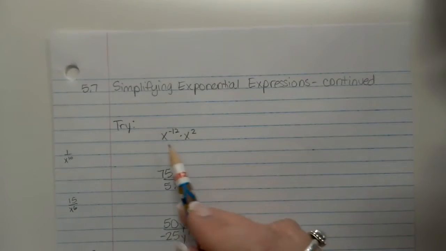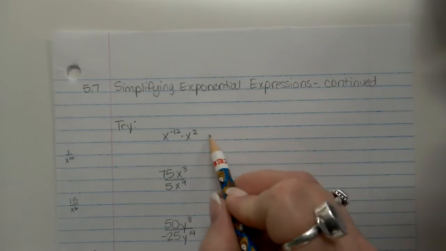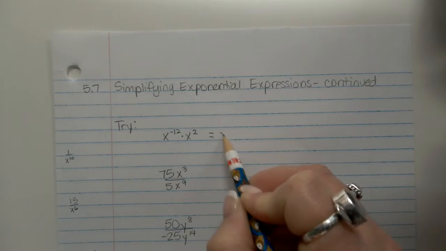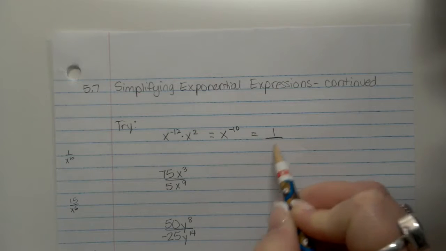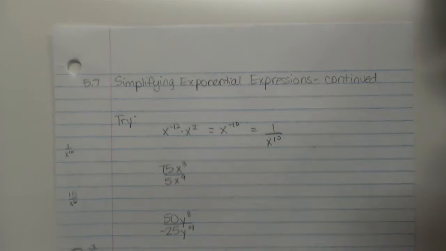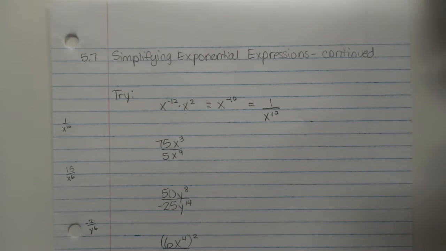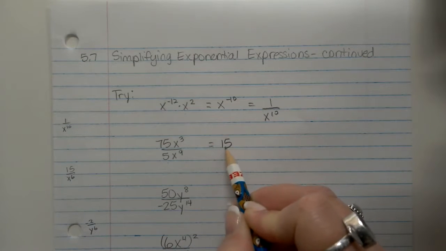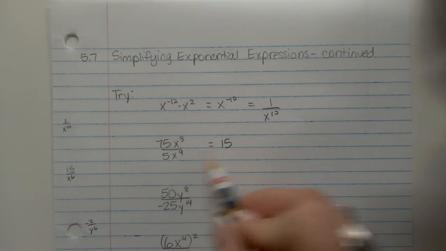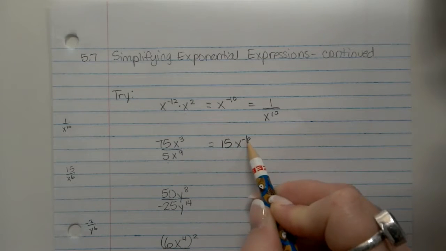All right, in this case, since the bases are being multiplied, we're going to add the exponents. So we're going to get x to the negative 10th, and we know that that means, hey, put the x to the 10th power in the opposite spot on my fraction. So 75 divided by 5 is 15. X to the 3 minus 9 is x to the negative 6.